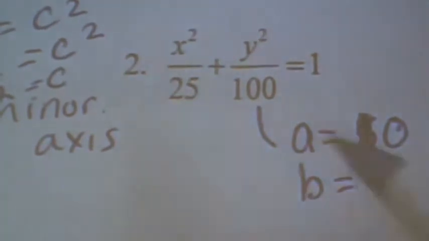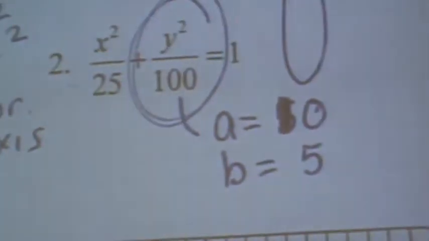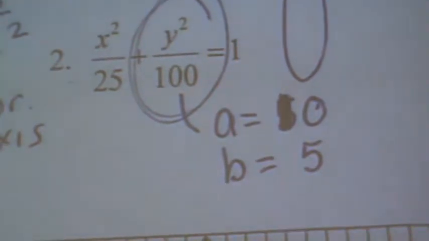The bigger number is under y, so this one's going to have a vertical orientation. From the center, you're going to go 10 units up, 1, 2, 3, 4, 5, 6, 7, 8, 9, 10, negative 10, and then 5.